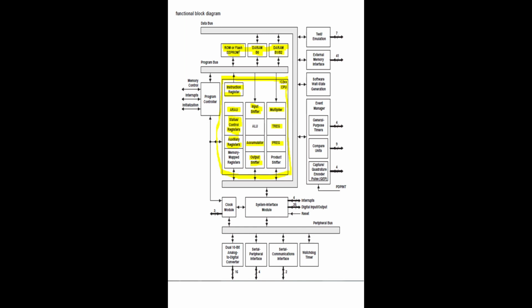It will do 2's complement multiplication. If you wanted to do multiplication, a minimum of 2 numbers are required. One number must be there in TREG, the temporary register, and the answer will be stored in the product register, PREG. After doing multiplication, finally the answer will be available in the product register.